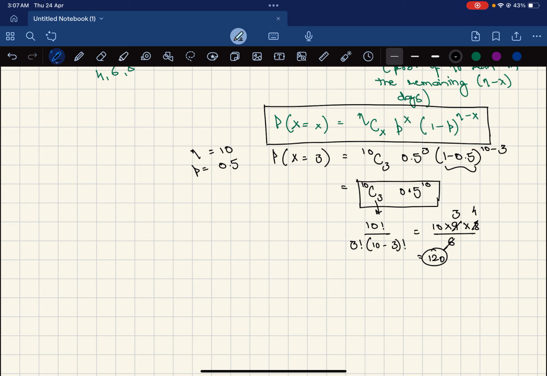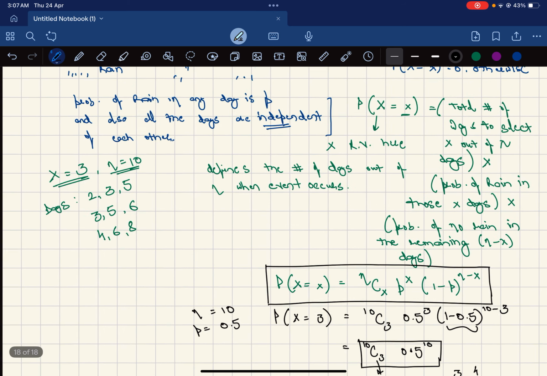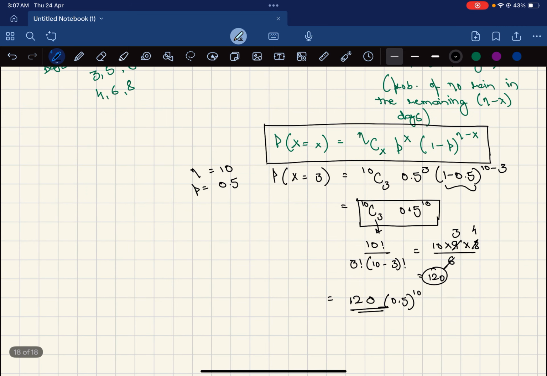So we get the value as 120 into 0.5 raised to power 10. So this is how we define a binomial distribution function, as well as this is how we calculate the binomial probabilities for any binomial random variable for different values of x for given values of n and p.